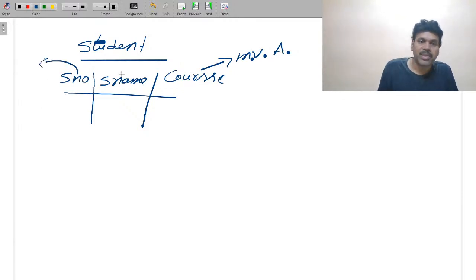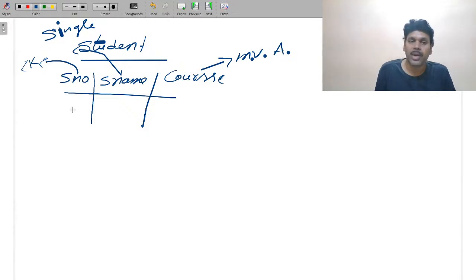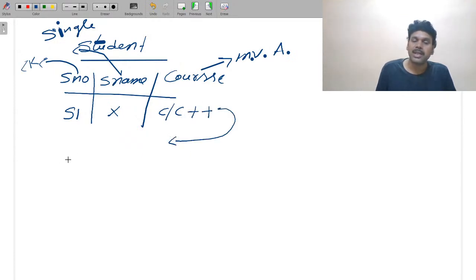Now the other two are normal single attributes only. Now I said that this is the candidate key. Therefore, what happened? When you have something like this, X, and the courses are C and C++, we come to know that it is going to be converted.